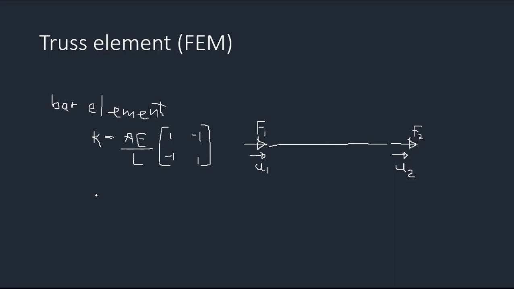In that case, you can write F1. That order is very important, right? From where to where you define the bar element. So you can write F equals K times U, right?